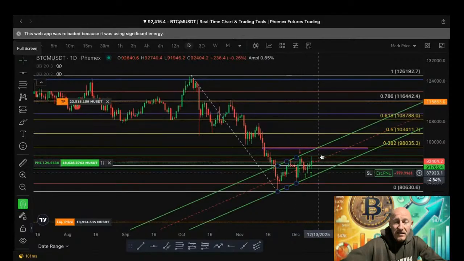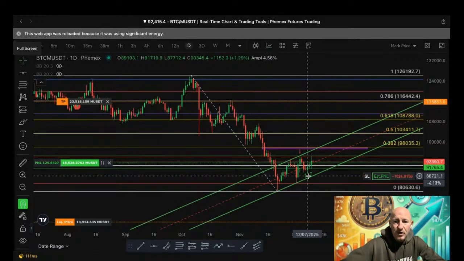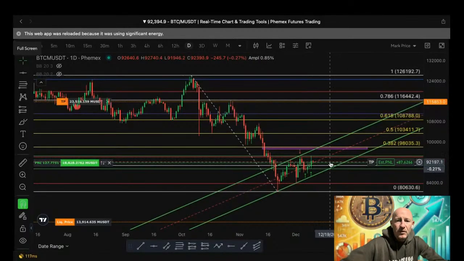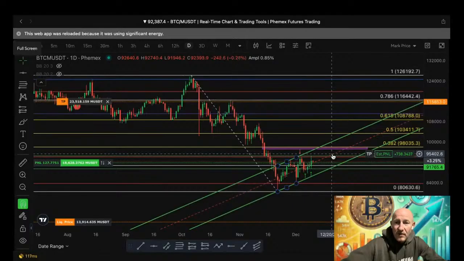So if you're buying Bitcoin right now, you're smart. You're part of the smart money crowd. If you are selling Bitcoin right now, you are selling it at a premium, and the buyers of that Bitcoin are buying it at a discount.